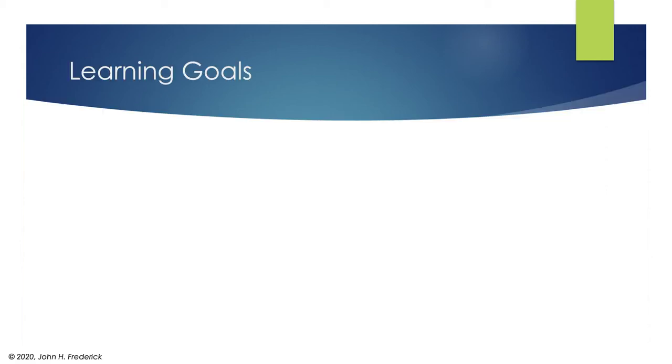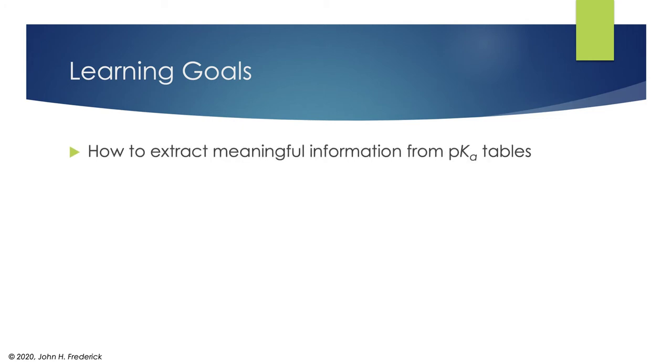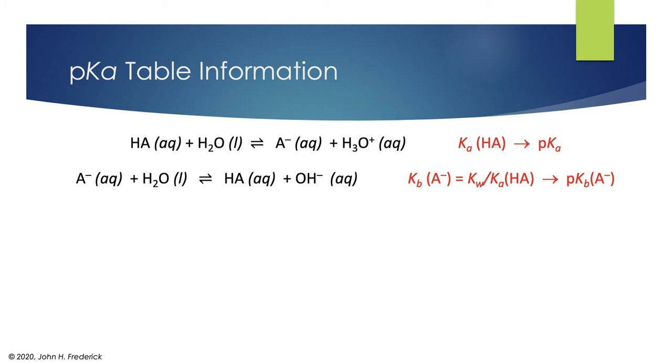We're going to have one learning goal: to extract meaningful information from pKa tables. The main information we're going to need is the equilibrium constant for these reactions. The top reaction is the weak acid dissociation reaction in water, for which the equilibrium constant is Ka. Oftentimes this is reported as pKa, which is the negative logarithm of that equilibrium constant.